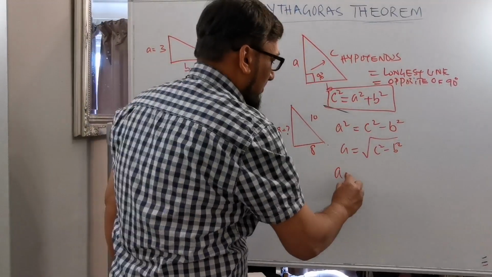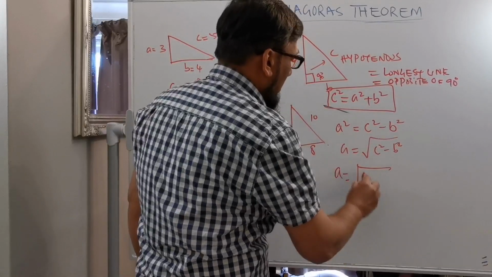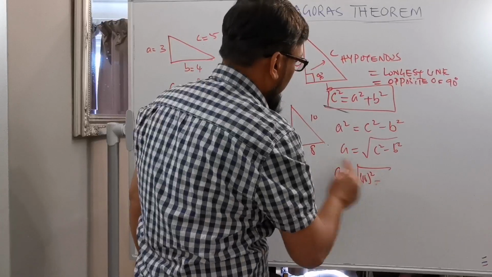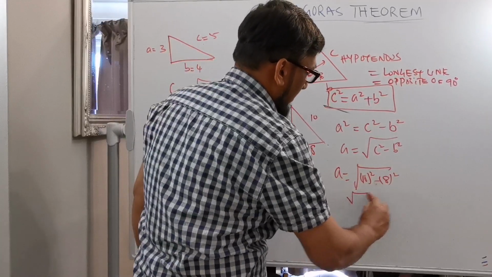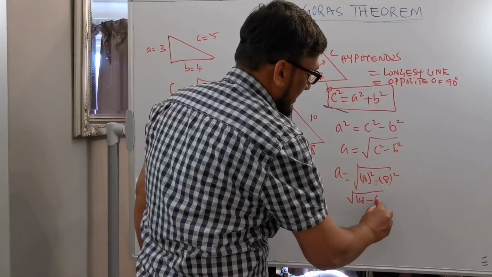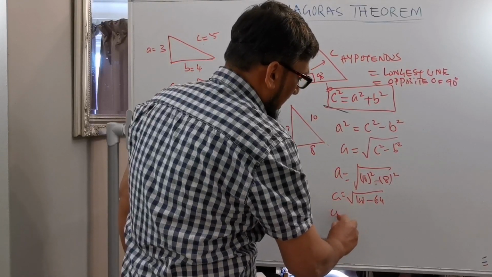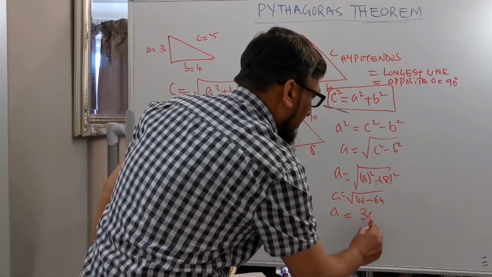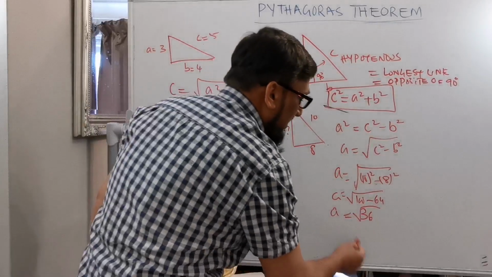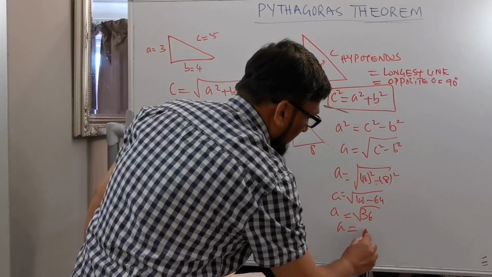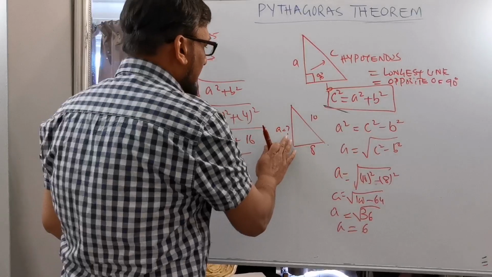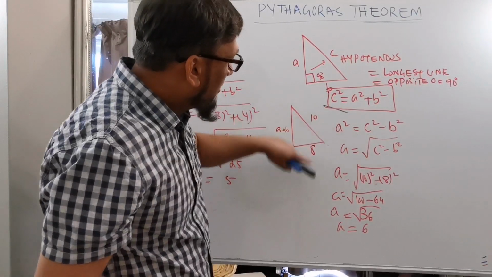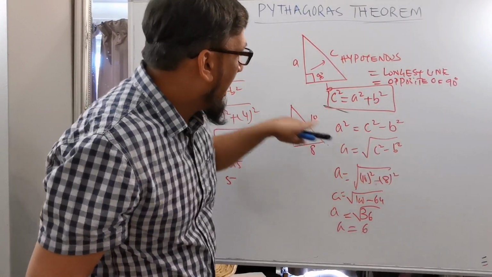Substituting, 10 square minus 8 square, so 100 minus 64, and A will be the square root of 36. We know that 6 times 6 is 36, so the answer is 6. We worked out the value of A by putting in the values of C and B.